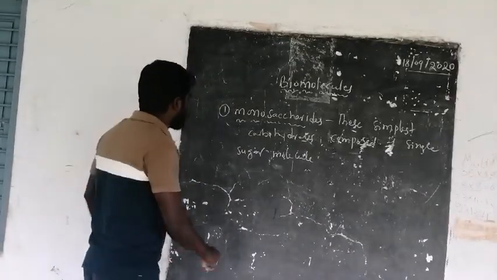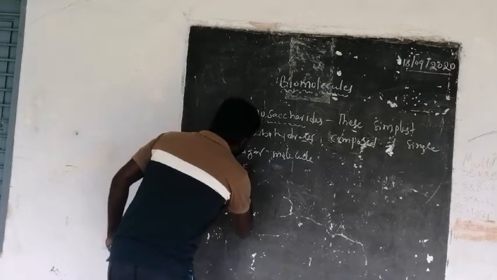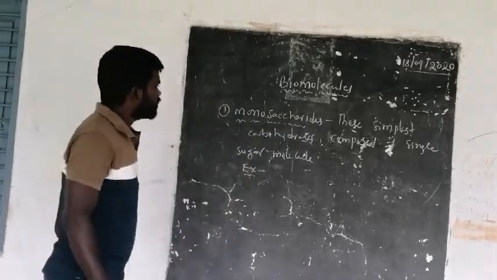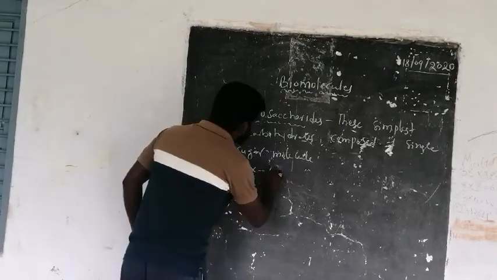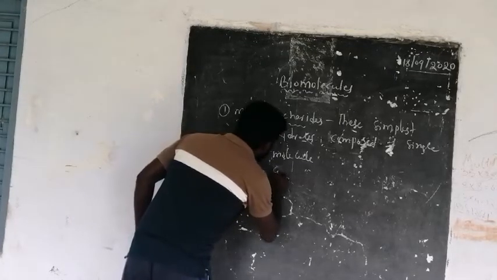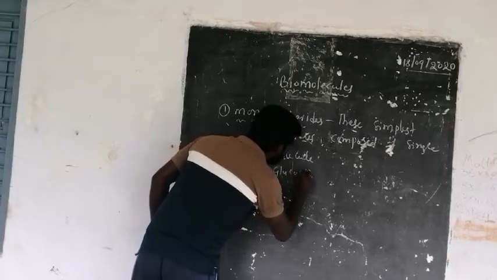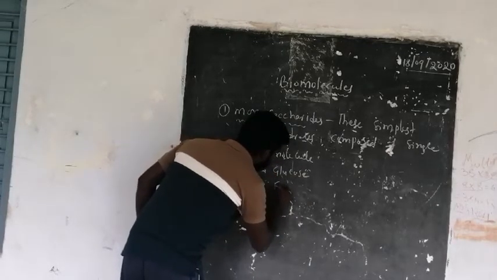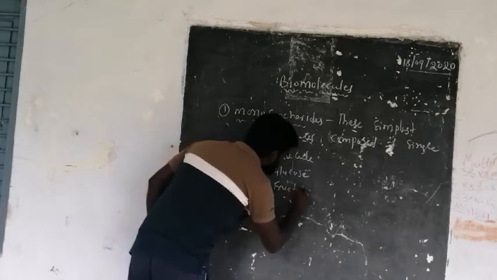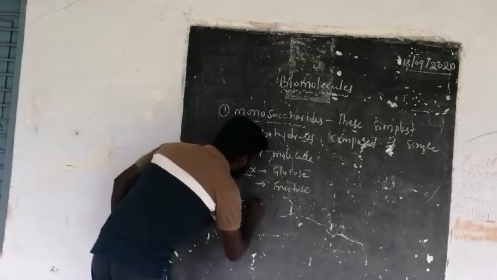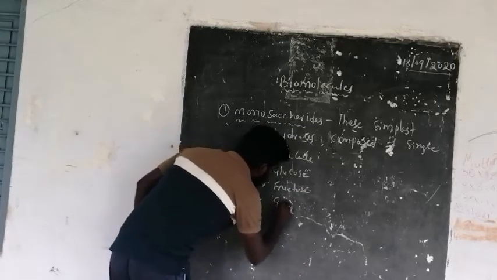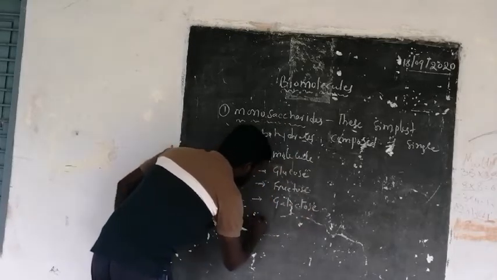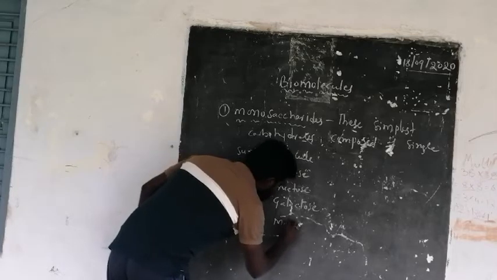Examples of monosaccharides are glucose, fructose, galactose, and mannose.